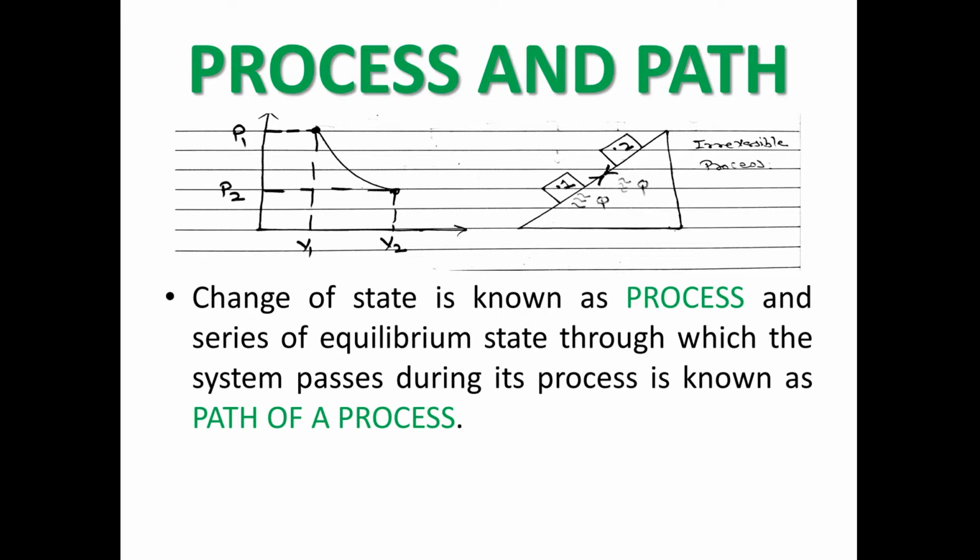A reversible process is reversible in nature. After reaching from one state to another state, it can be returned back to the original state by recovering everything that was spent to do that process. Like if we have supplied some amount of heat to do that process, it can be reversed.